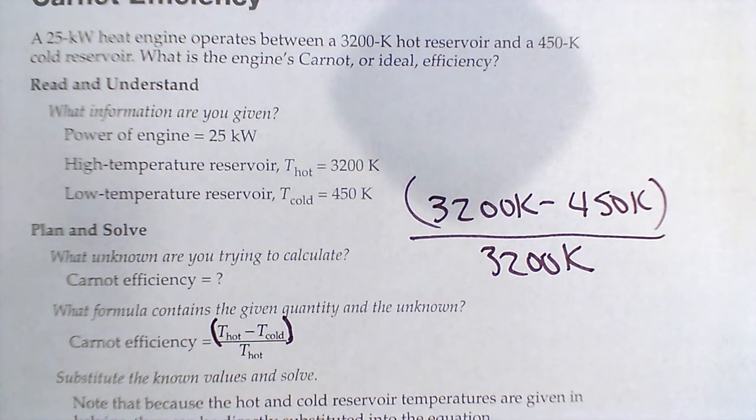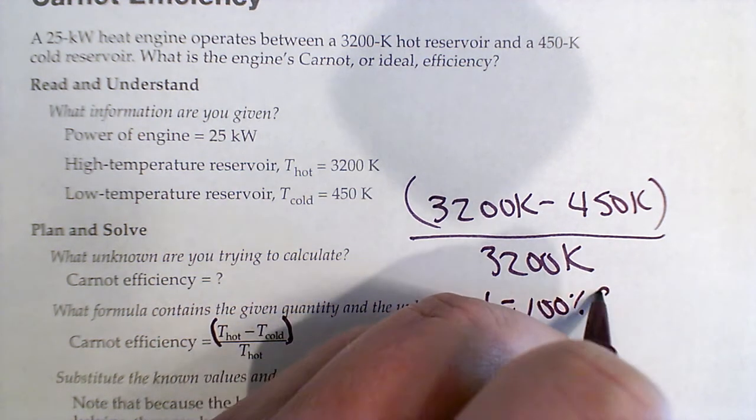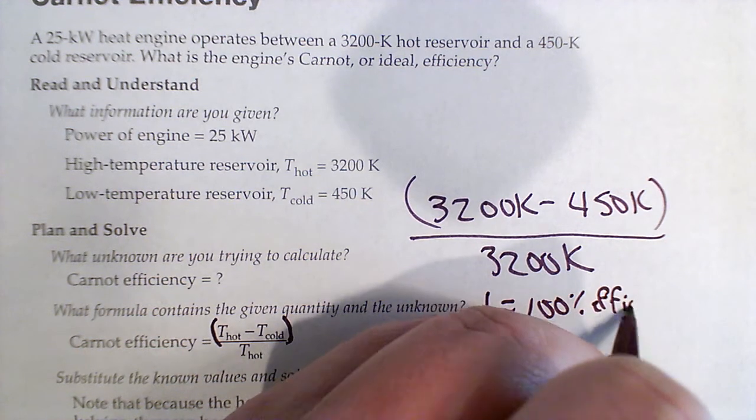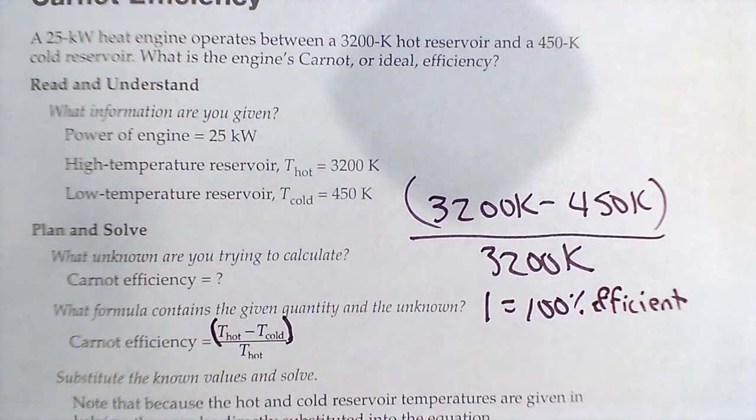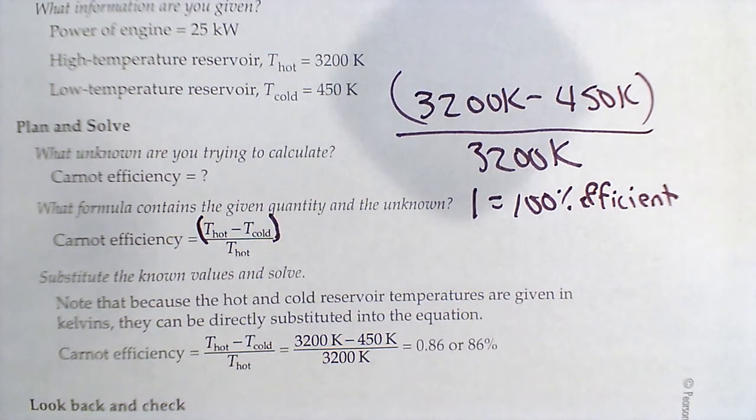Your answer has to be less than 1. An answer of 1 would be 100% efficient, so any number greater than 1 makes no sense. It's saying not only did I convert all of my energy into useful work, I magically created more energy for useful work, which we know doesn't make any sense.